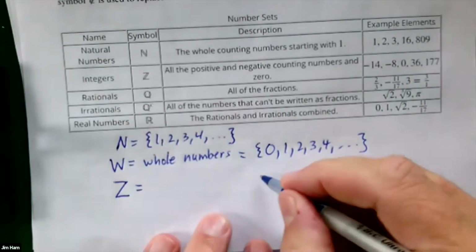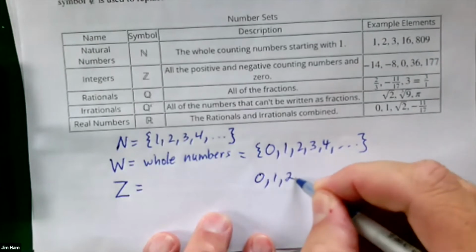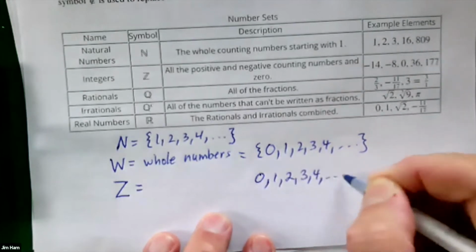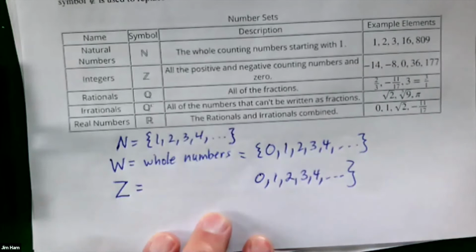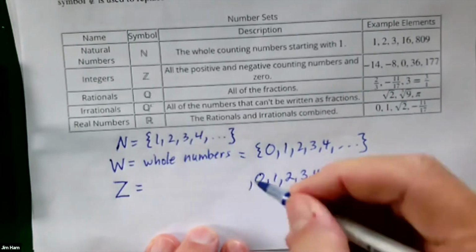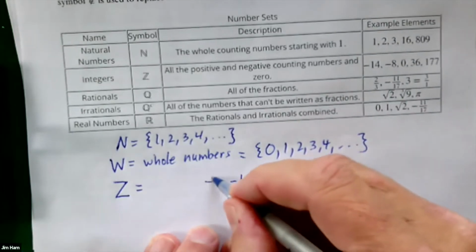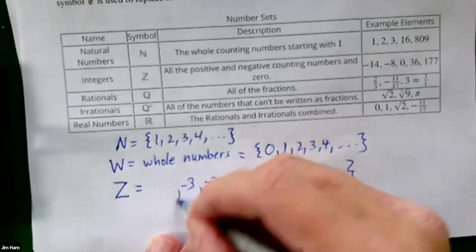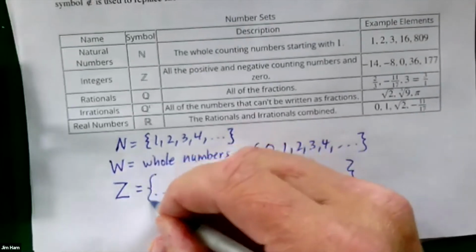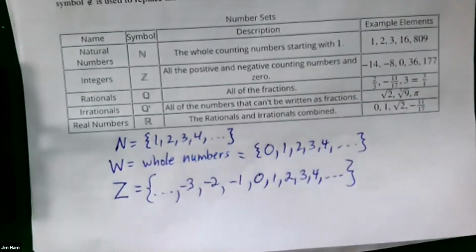For the set of integers, we have the counting numbers, or the whole numbers, all the positive ones that go on to infinity to the right, but we also include the negative numbers as well. So it's really a set of numbers that goes from negative infinity to positive infinity and jumps by 1. That's the set of integers.